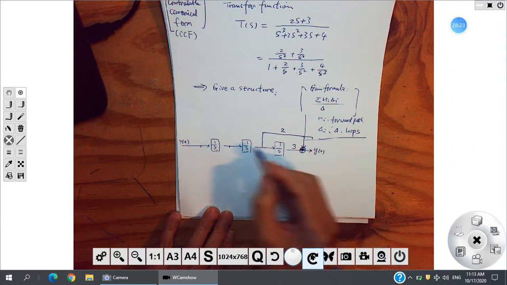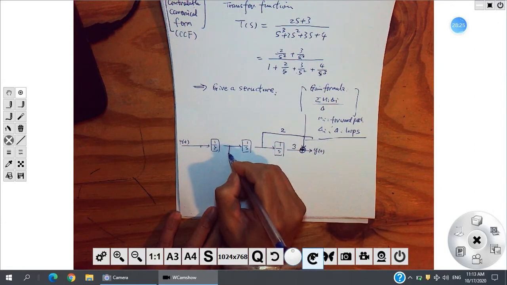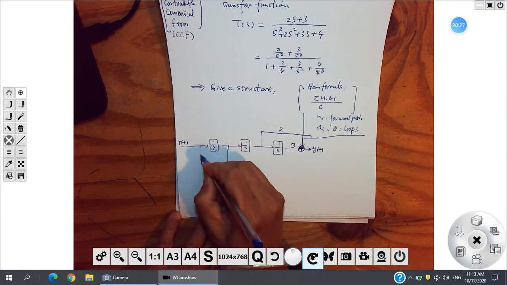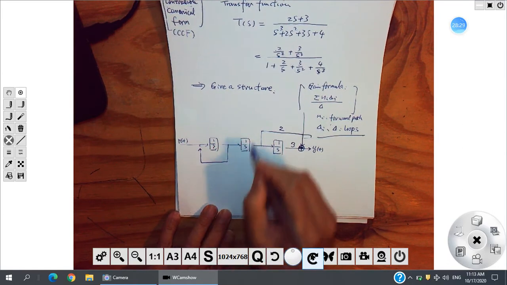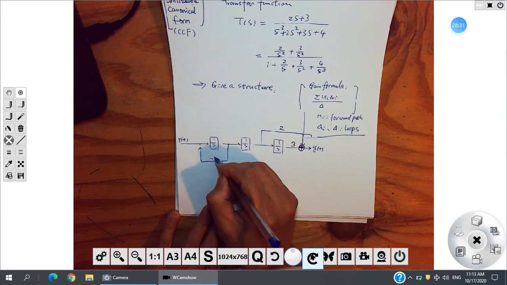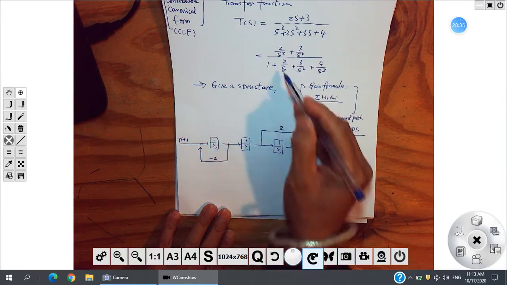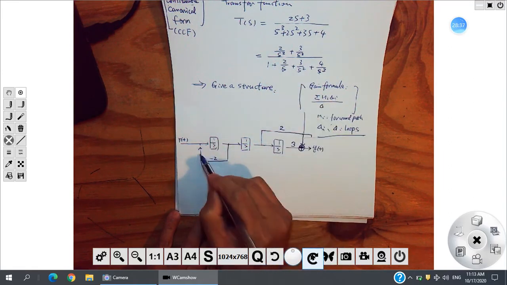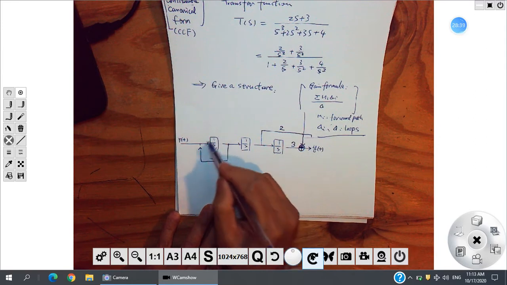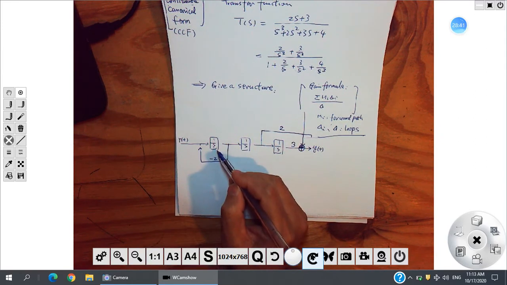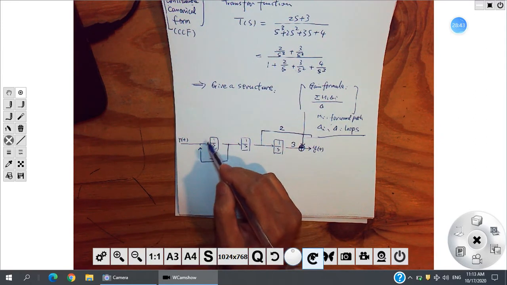This is 1. Here I need again -2, 1 over s, and 2. So this loop is -2 over s. Then in delta, that is 1 plus 2 over s, right? So here I need a summation.